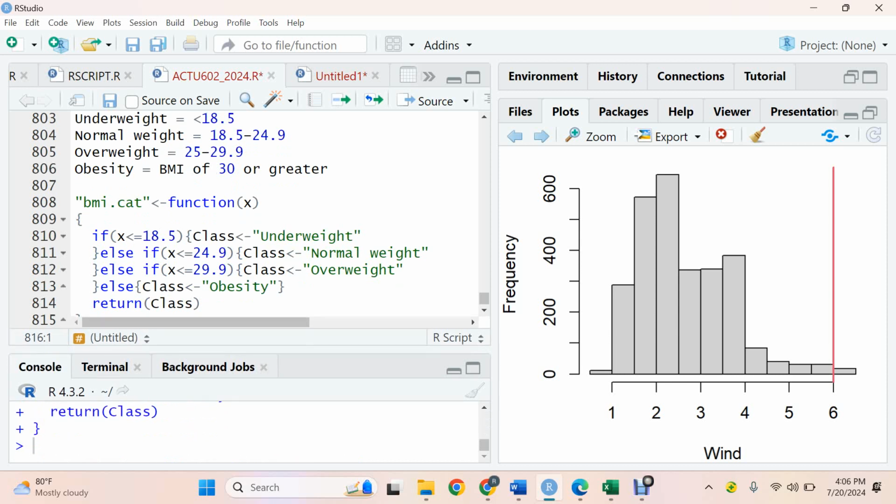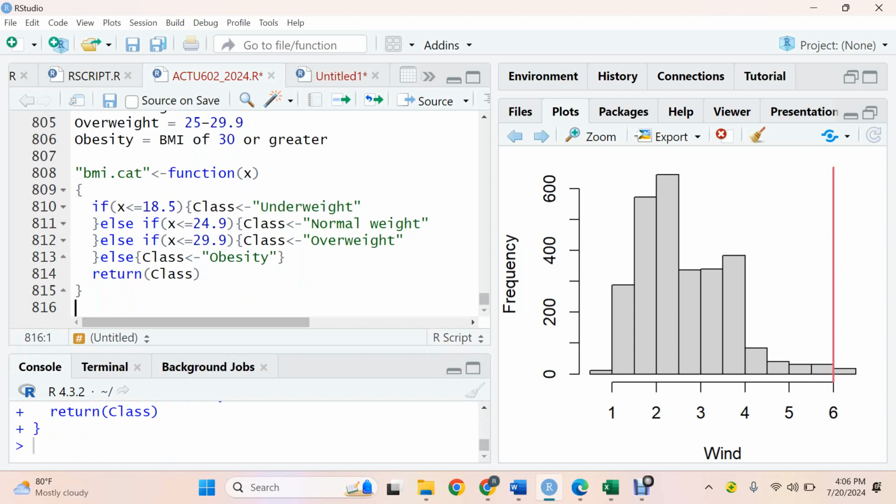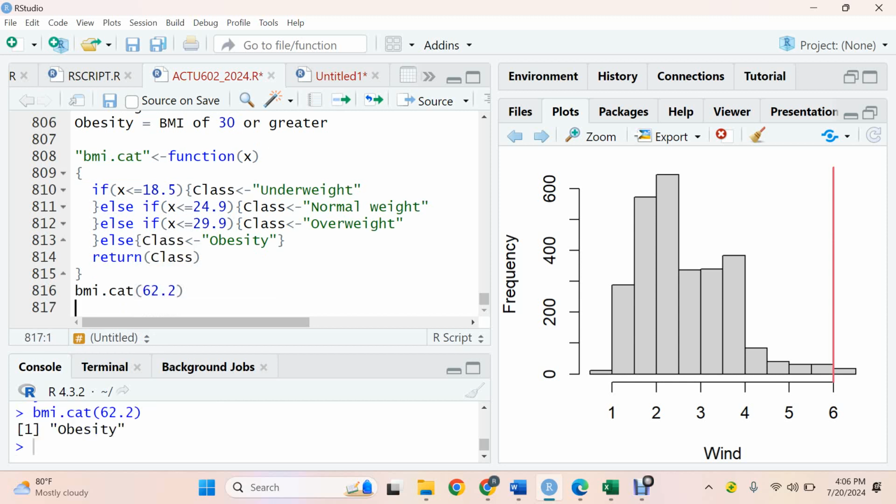We did not have any. So let me take a BMI. We got 62.2. It says the person is obesity, right? Okay. Let's put in 12. It will say underweight. So it works.